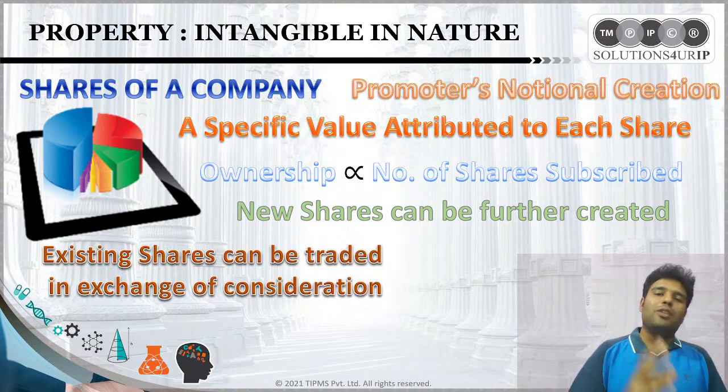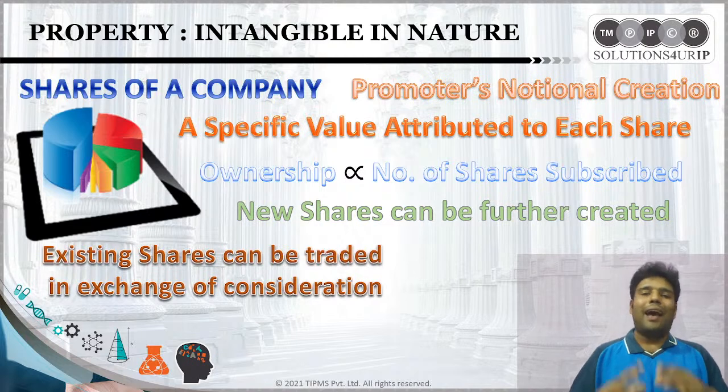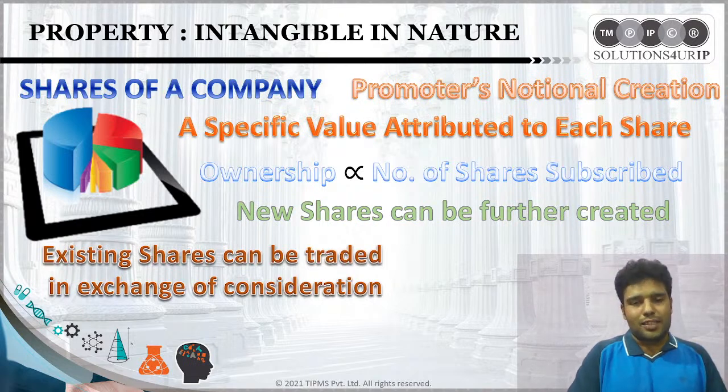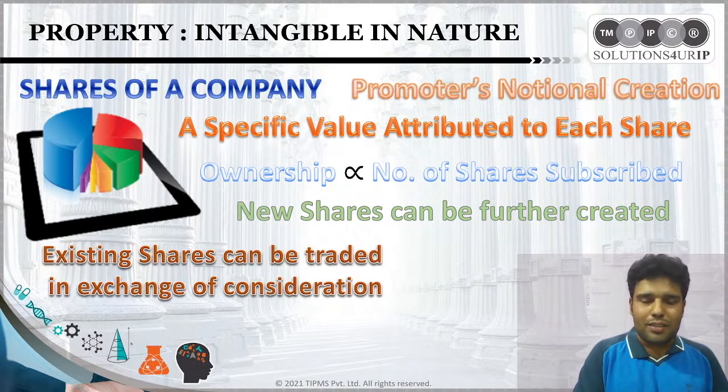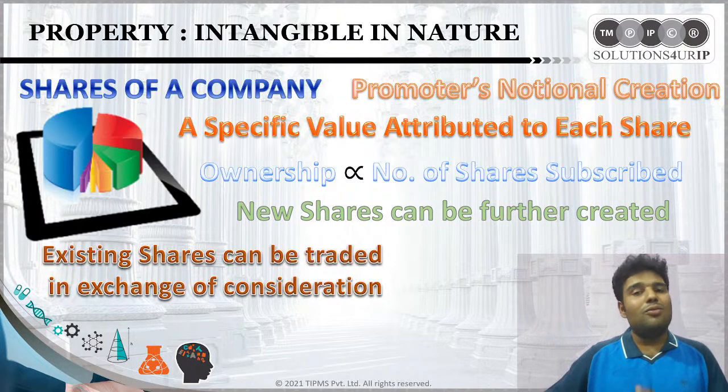Okay, suppose two persons are there, they say that we both agree to make 100 shares for us, each share of 10 rupees. That means the total value of our shares will be 1000 rupees. So what did I do here?